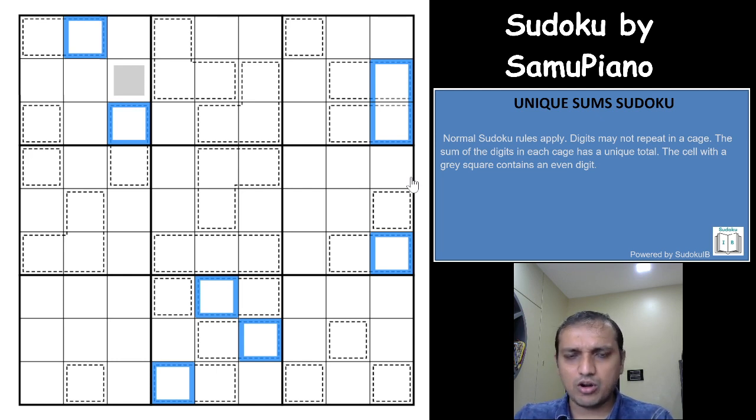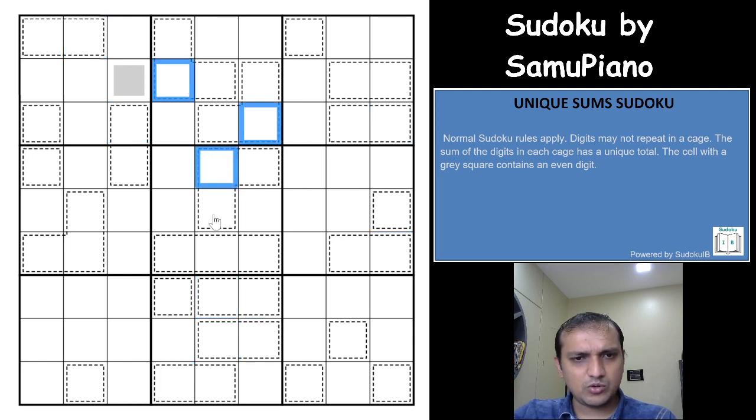So 18 will at least have a 3 cell cage. So for 18, 19, 20, 21 and 22, you have 3 and 5 cell cages, and at least you will have to have a 22 sum. You can have something more than 22, but how do I go with it?